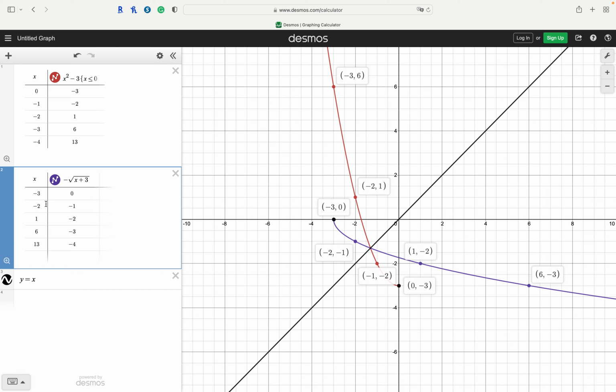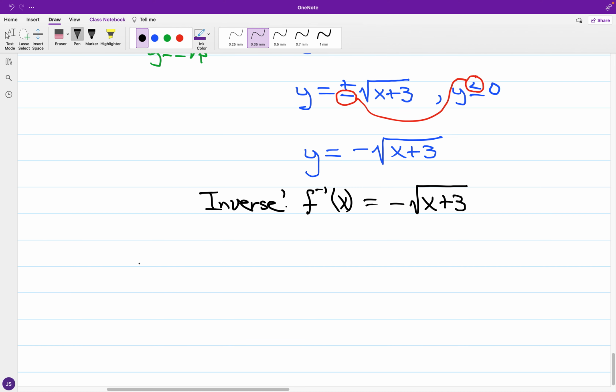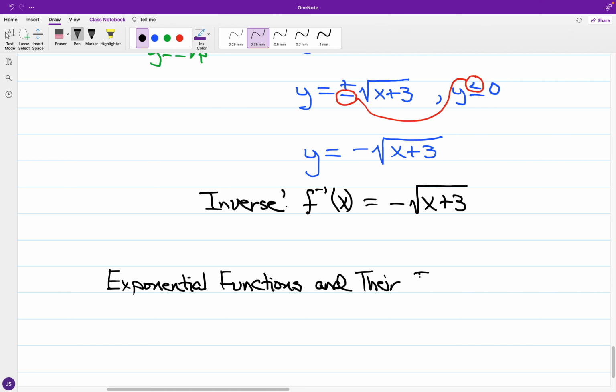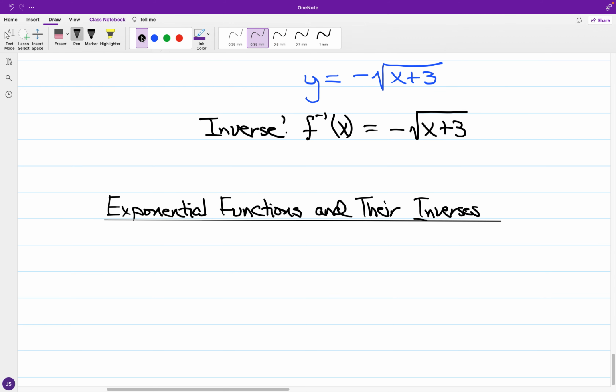Okay, all right, now going back to our topic, when we cross over to exponential functions, you have for exponential functions and their inverses, again, making f of x equal to a to the x a one-to-one function.